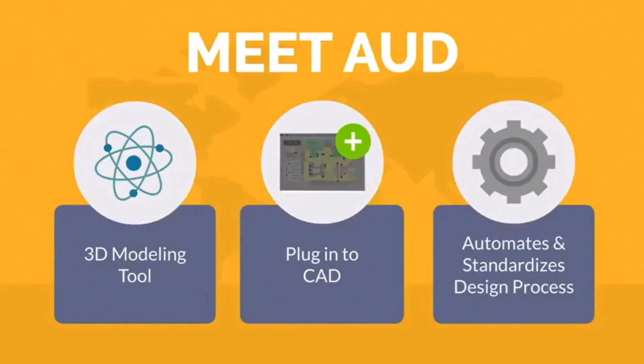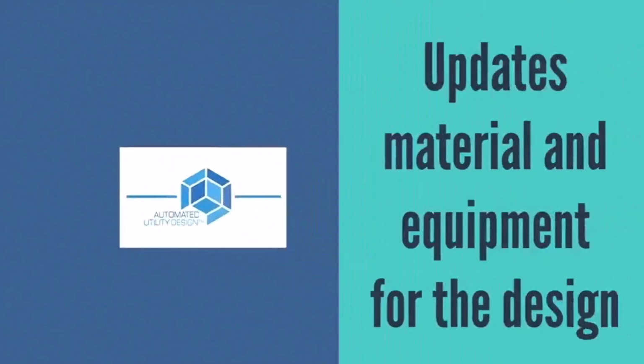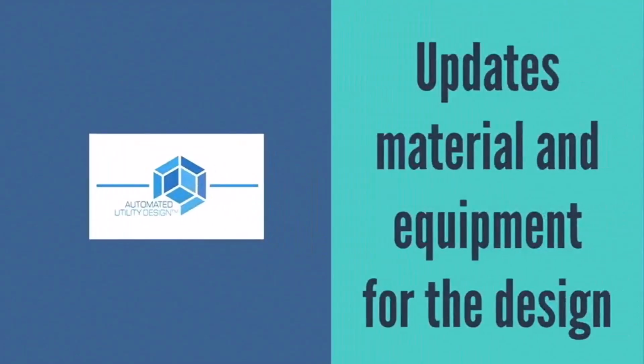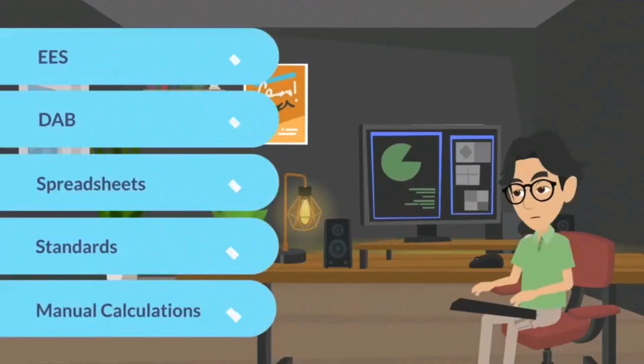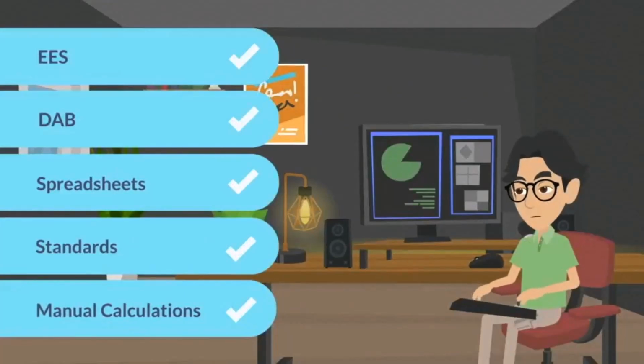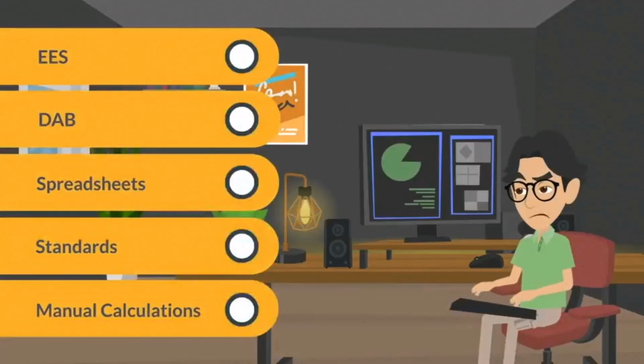The biggest value of AUD is its streamlined approach to updating materials and equipment associated with the design. Today, estimators tabulate required materials through a combination of EES, DEB, spreadsheets, standards, and manual calculations. If there is a change in materials, estimators must make manual updates across several systems, a time-consuming and tedious task, especially when working on multiple location designs.